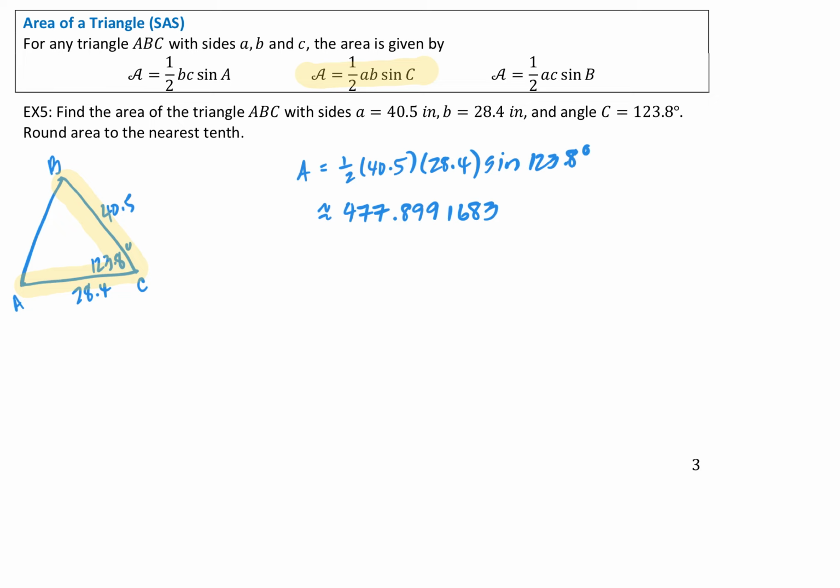Or you could do it in pieces. You could do the 1/2 times the 40.5 times the 28.4 first, then do your sine of 123.8 degrees and then multiply it by that, which would be a 575.1, I think, if you multiplied it all out. Anyway, we're rounding to the nearest tenth, so 477.9, and this would be inches squared. So that is it for 11.2.